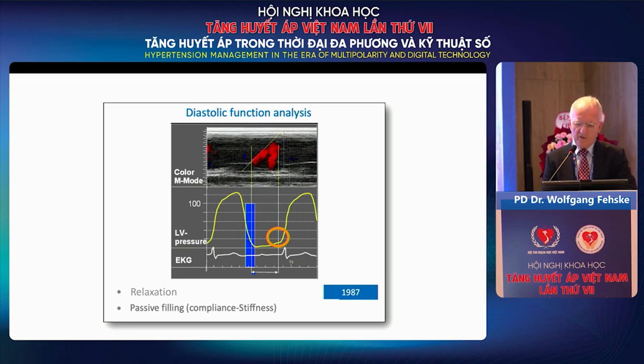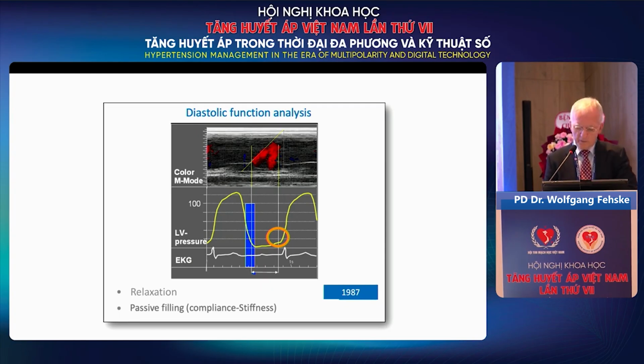And we have very early already started in 1987 to talk about diastology, and we saw with all our echo images and echo machines that the earliest phase of diastology was the inflow, and we could really look for the inflow very nicely with color mode.